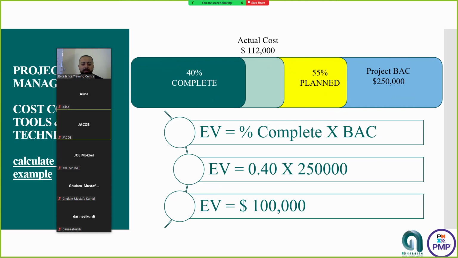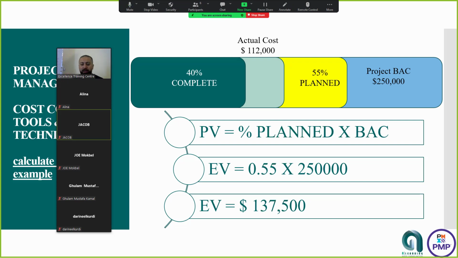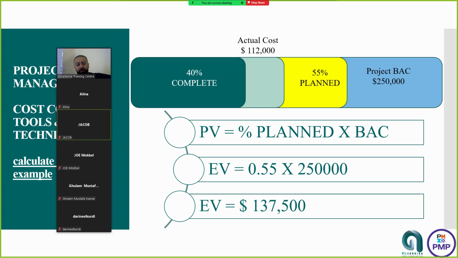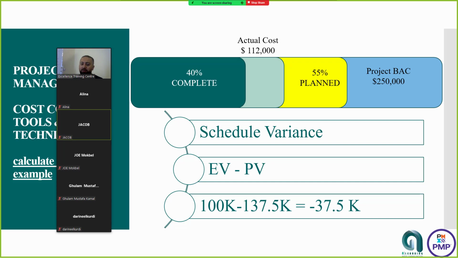Let's see the other calculations together, guys. I will go to the next slide. We have calculated now the EV, the percentage completed. Nagy already calculated the PV, we know the percentage planned multiplied by the BAC, which is the budget at completion. So your calculation is 100% correct. We have already calculated the cost variance, so we have it here. We have already calculated the schedule variance, EV minus PV.